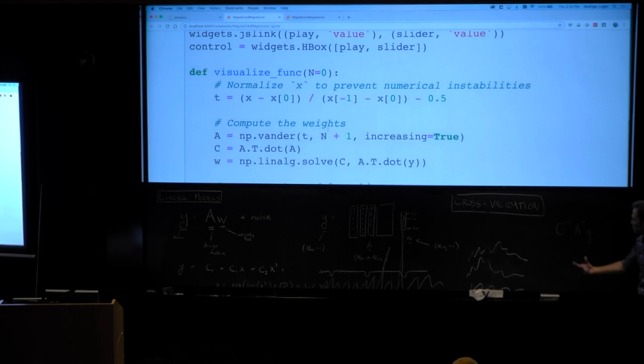And note that I'm not explicitly taking the inverse of this matrix because taking matrix inverses is hard. It's numerically unstable. It's much easier to directly compute this than to first invert this and then dot it with this. So that's the line you should base your answers to the next two problems on.